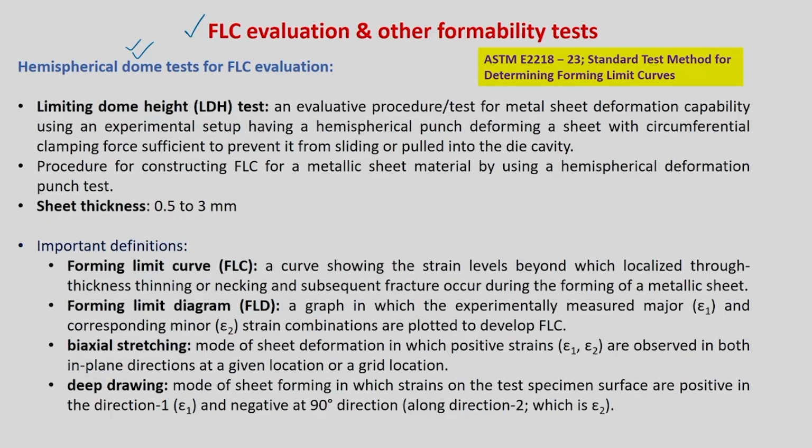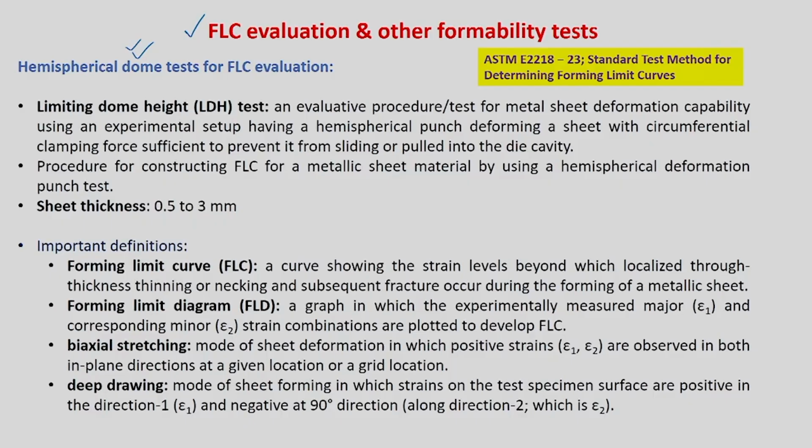You install the tools and deform the sheet with the help of the punch setup, and you keep deforming the sheet, as per the procedure we are going to describe, until necking occurs or it fractures. Whatever is possible for us to stop, we will do that. Then it is called a limiting dome height test. You are going to get a dome shape, and that will be limited because of the formability of the material. So in short it is called the LDH test.